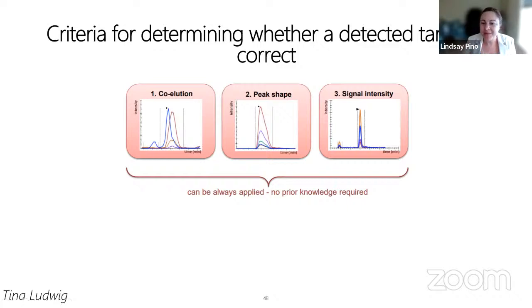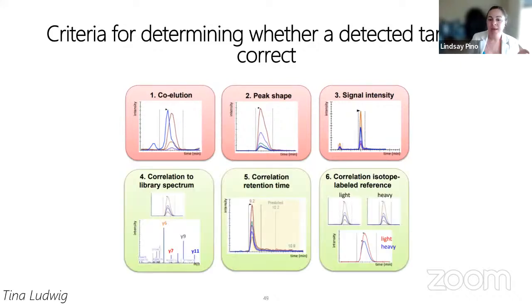This peak shape is not bad, to be honest, but it's not perfectly symmetrical. It has a little bit of a tail. Signal intensity: as you get into more complex data, you will start to see other places in the chromatogram that could be the peptide. For these top three, you don't need to know anything else about your experiment besides having raw data from your mass spectrometer.